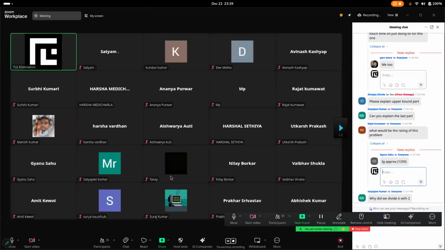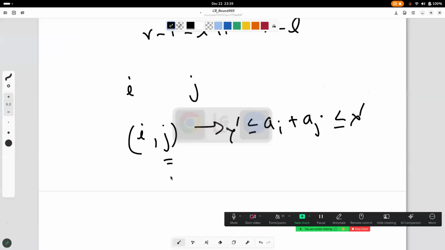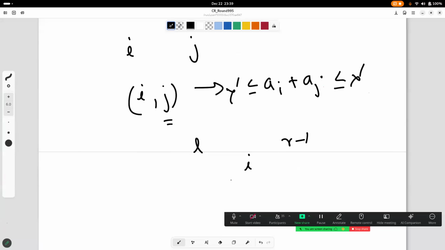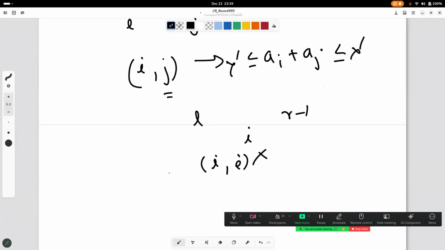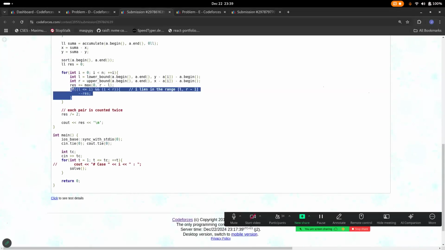One final thing we have to deal with is that it may happen that i itself also lies in this range l to r minus 1. In that case, we are also counting the pair i and i, which is not valid according to our problem. So if i also lies in this range, then we just subtract it. And finally, we divide by 2.